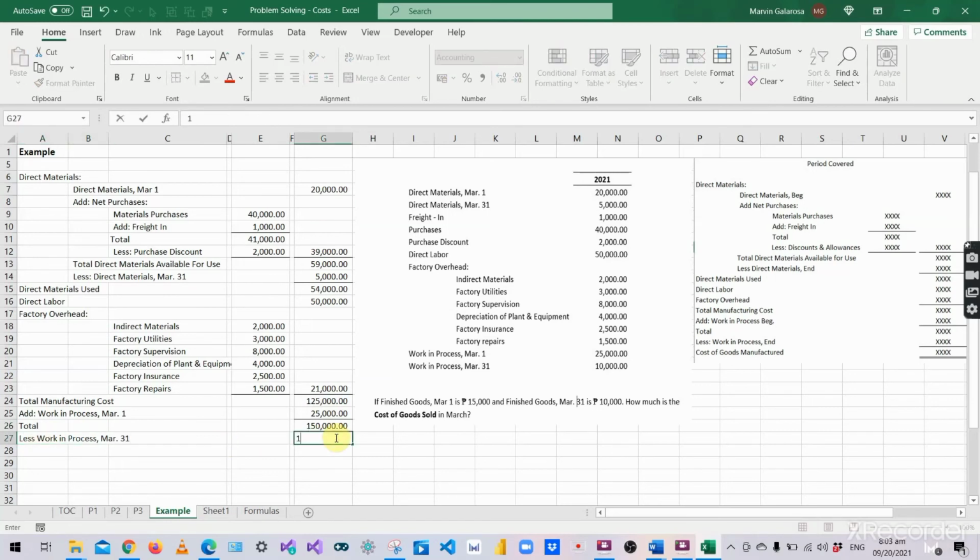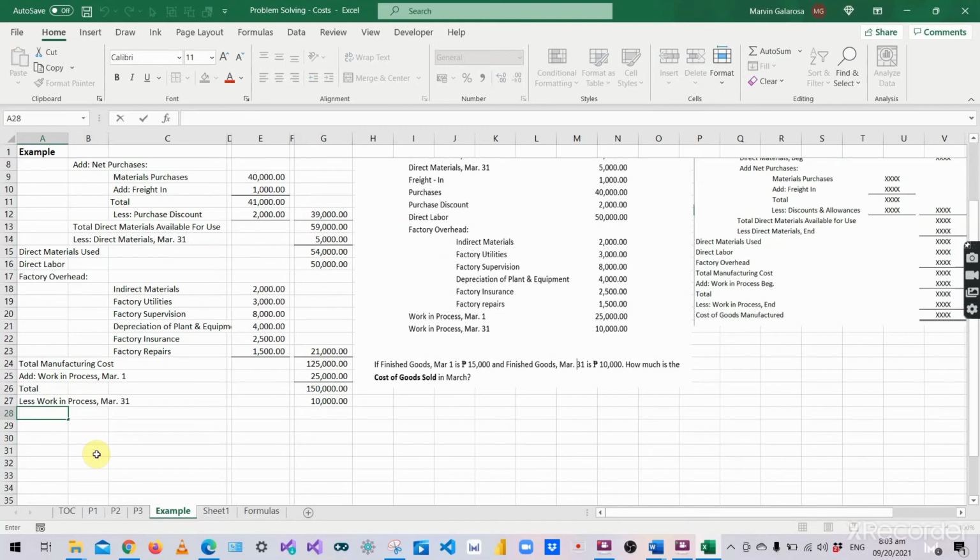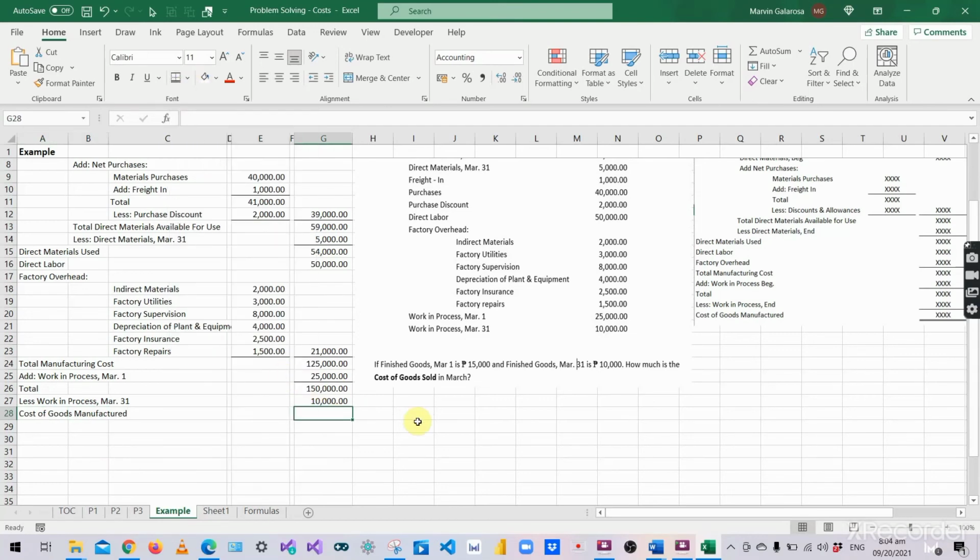Amounting to 10,000. Then we'll get the cost of goods manufactured. So cost of goods manufactured. $150,000 minus 10,000 is equal to 140,000.